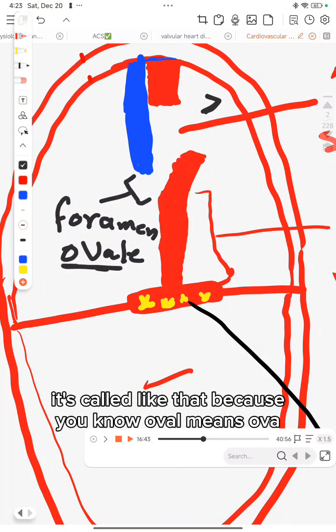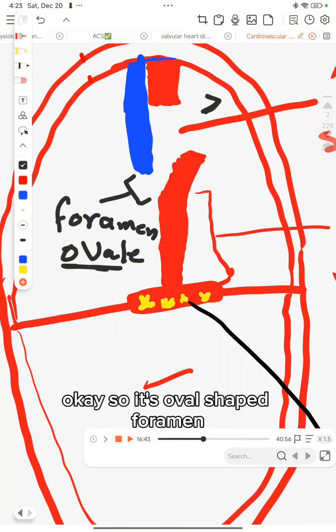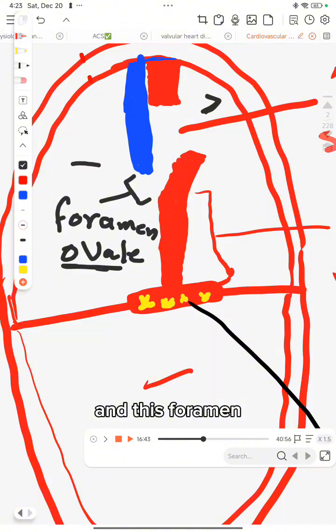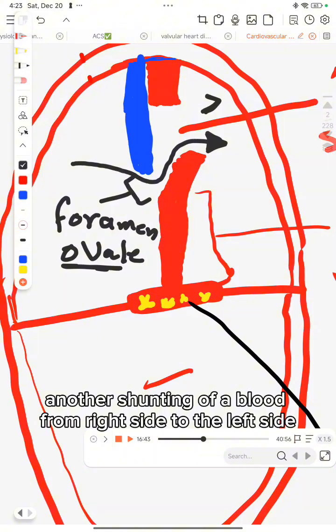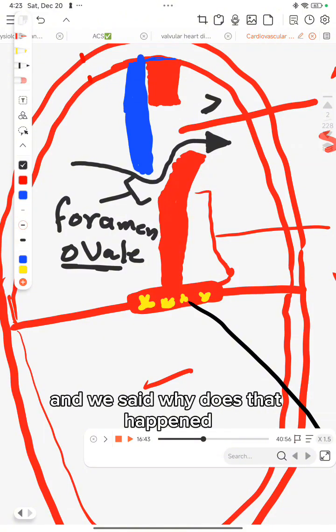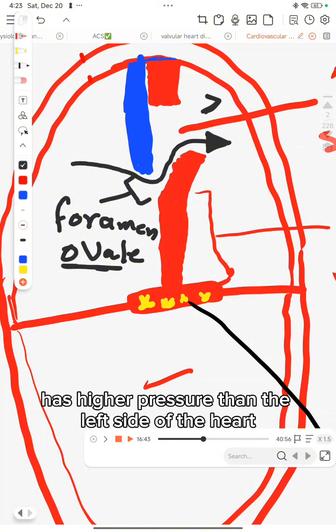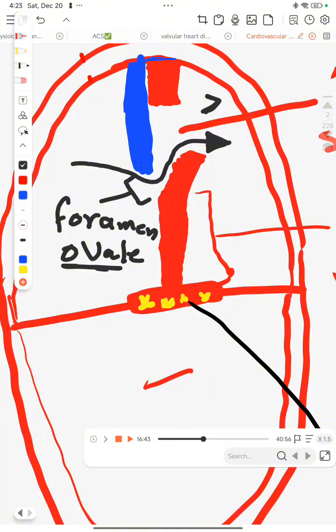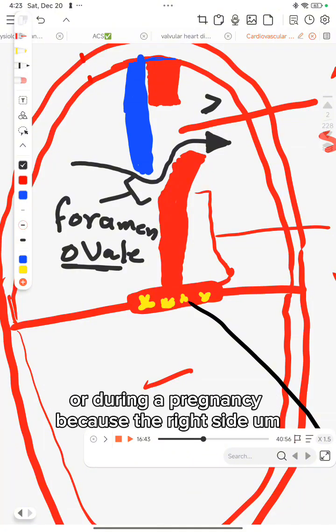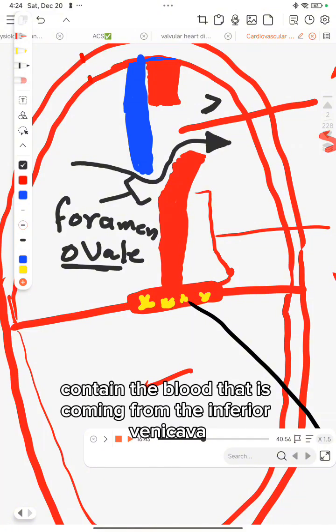So it's an oval shaped foramen, and this foramen will allow another shunting of blood from the right side to the left side. And we said, why does that happen? Because the right side of the heart has higher pressure than the left side of the heart in the fetus, during pregnancy, because the right side contains the blood that is coming from the inferior vena cava and superior vena cava, which has higher pressure in the fetus.